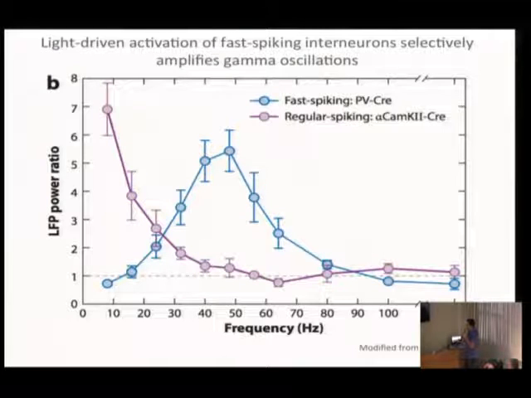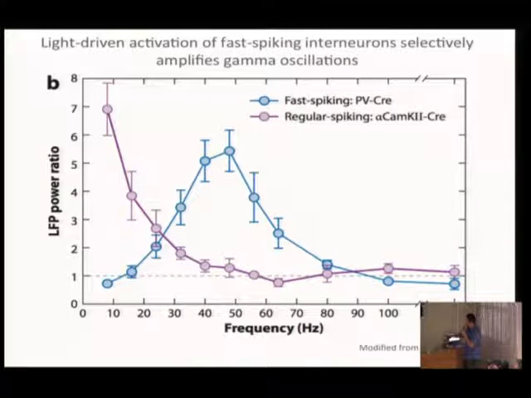So if you plot frequency of stimulation, and this y-axis is LFP power ratio, it means post-stimulation divided by the baseline condition, okay? So here it is possible to see if you stimulate at around 10 or 8 hertz, you can get 7-fold enhancement of power around 10 hertz, but this is regular spiking stimulation.